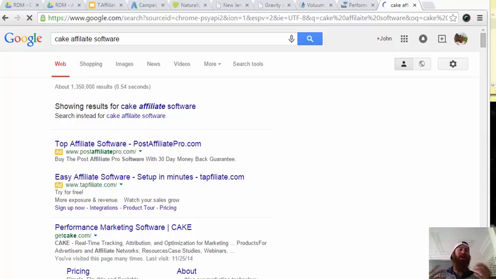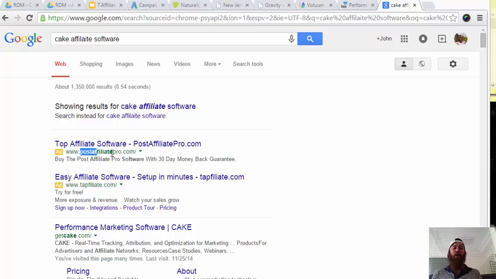Basically Cake has built-in features to not show affiliates all of the sales or all of the customers they're getting you, and it's a way to pad your margins if you're a business in an untrustworthy way. So I don't recommend that, because as somebody who makes my living off of promoting other companies on a commission-only basis, I just don't think that's ethical.